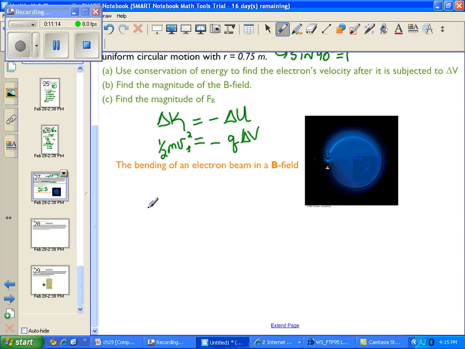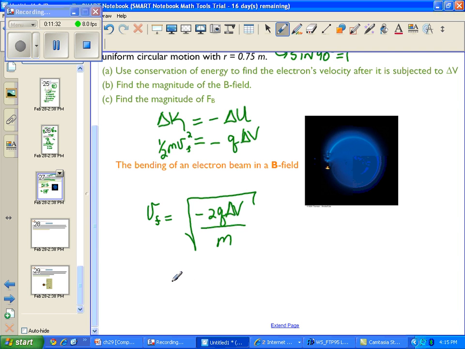So to determine the value of V, once it is accelerated through this potential difference, we need to solve for V, which is the square root of minus 2Q times delta V divided by the mass of the electron. Let's go ahead and substitute our numbers.